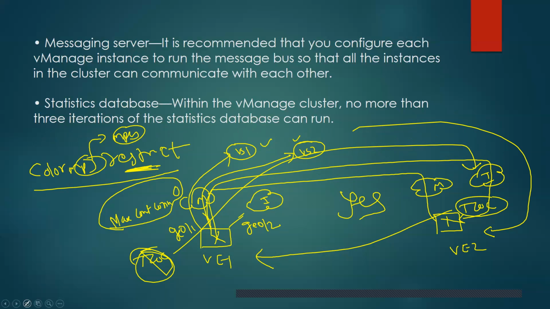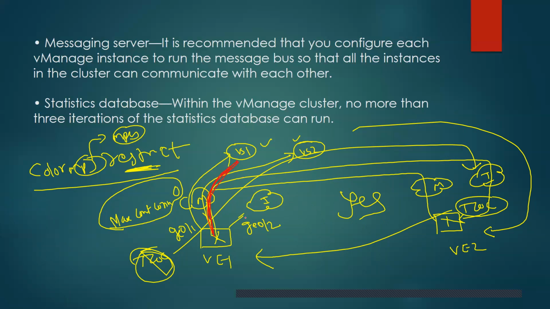So your question is this: on one interface we are giving control connection 0. Correct, from this interface it will not form. We have seen that whatever information the vSmart has, it will not communicate, and OMP peering will also not form via this interface.